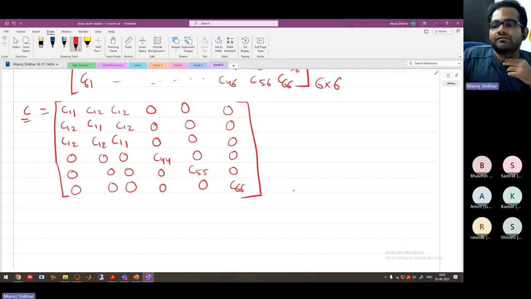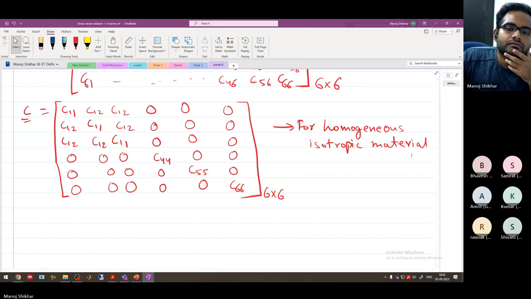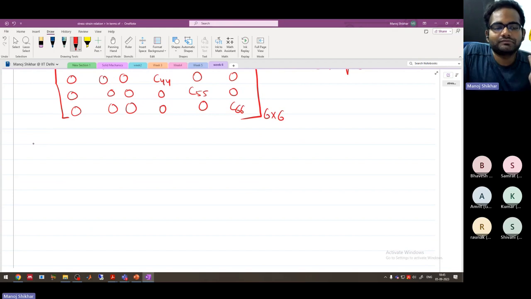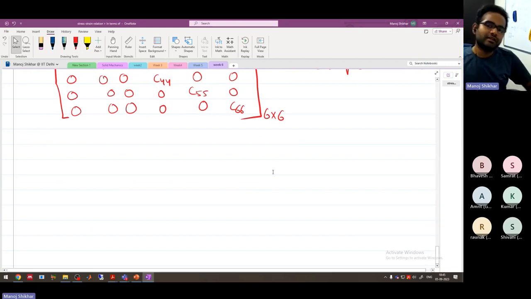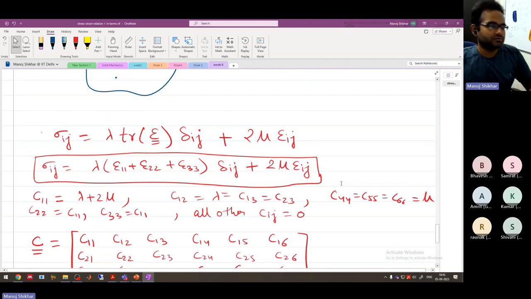So this is how the stiffness matrix will look for isotropic material. So sometimes you can directly use this matrix.